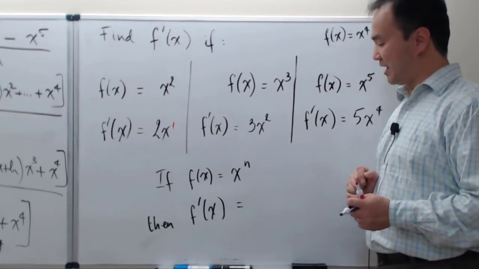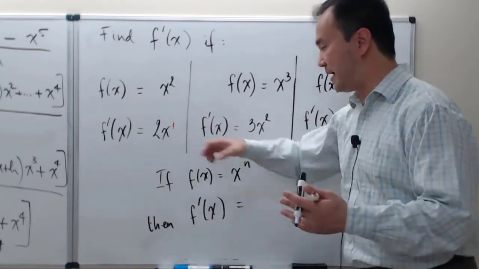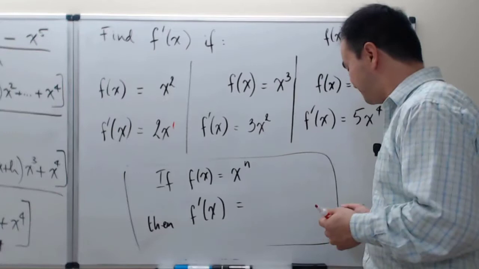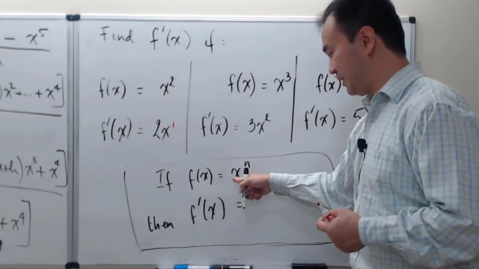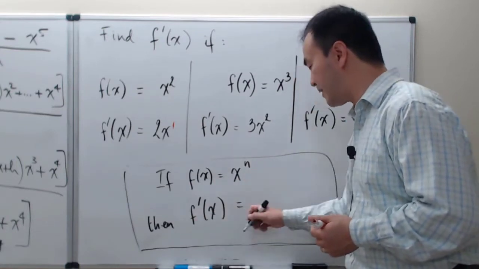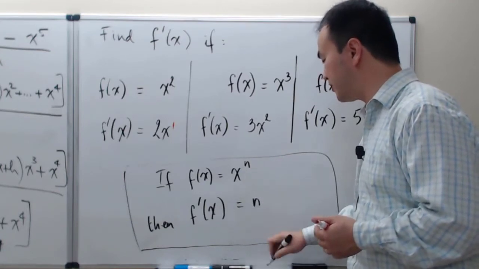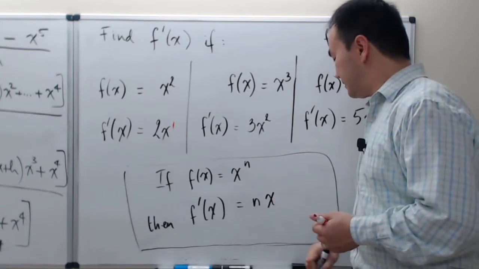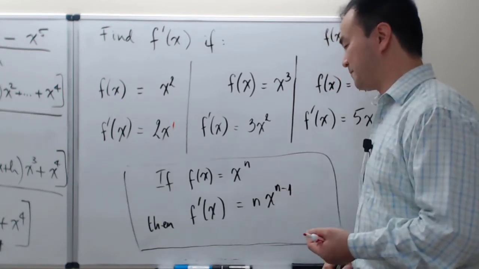All right, I hope you had some prediction on your own about a generality. We're about to make a discovery here. If f of x was a power function, then f prime of x is going to be the power n, which in the derivative version becomes the coefficient, and still involving a power, but now power n minus 1.